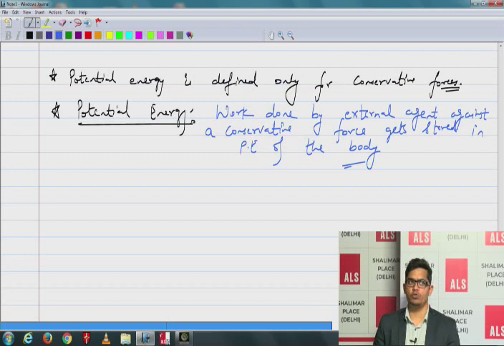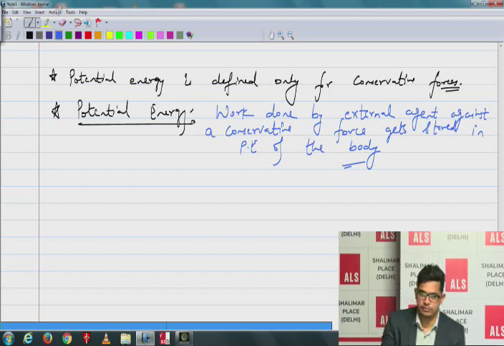Just try to remember and understand this statement. Whenever you do work against a conservative force, your work done gets stored in the form of potential energy. One very simple example is this.